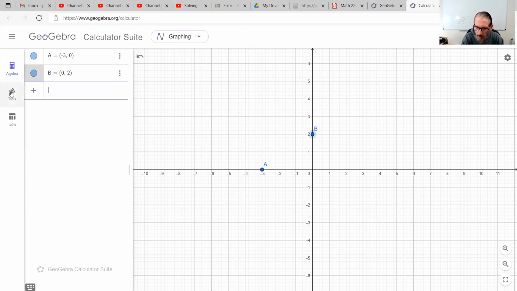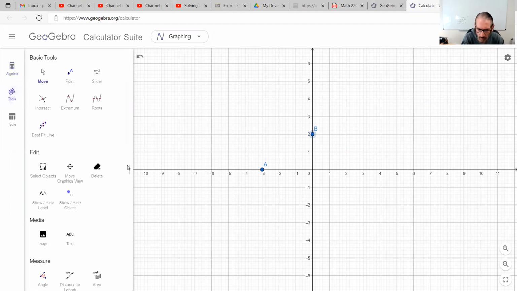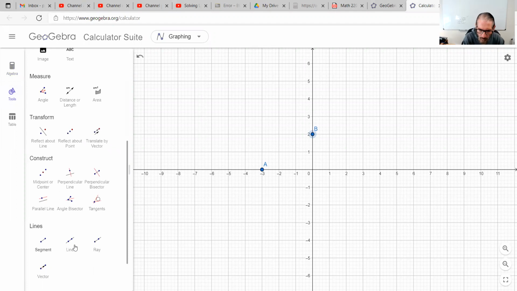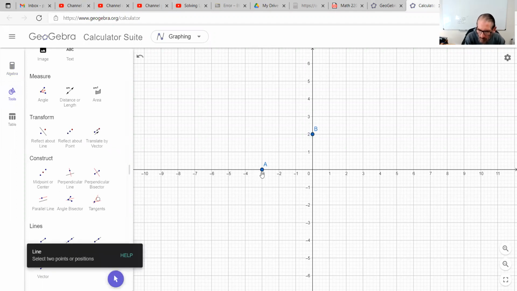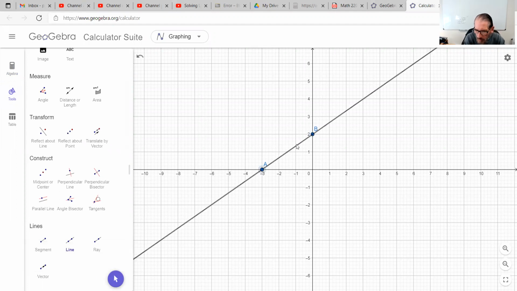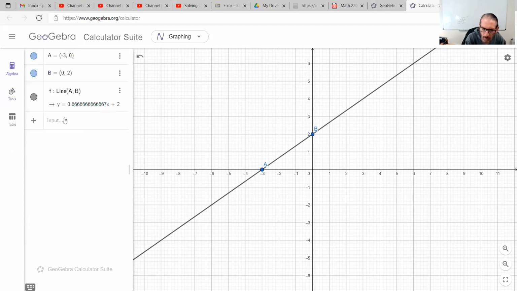Connect them with a solid line. Notice back here, it's giving us the equation rewritten in slope-intercept form. In other words, y equals 2/3 x plus 2.